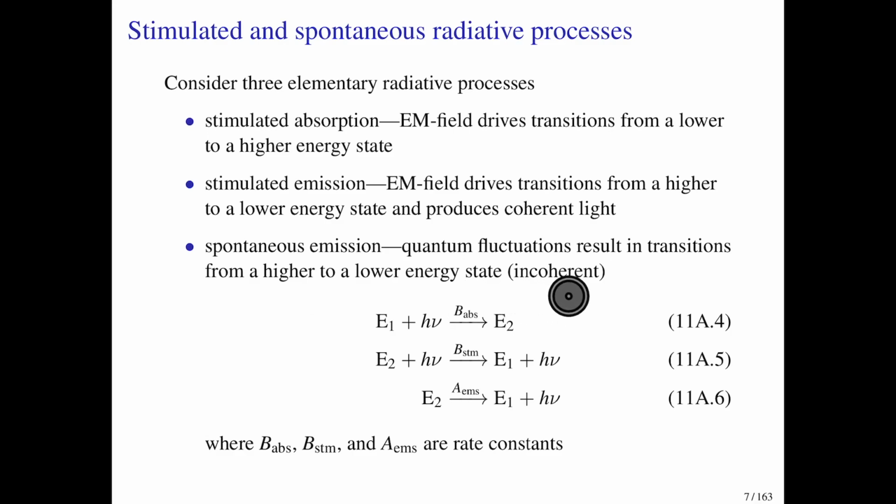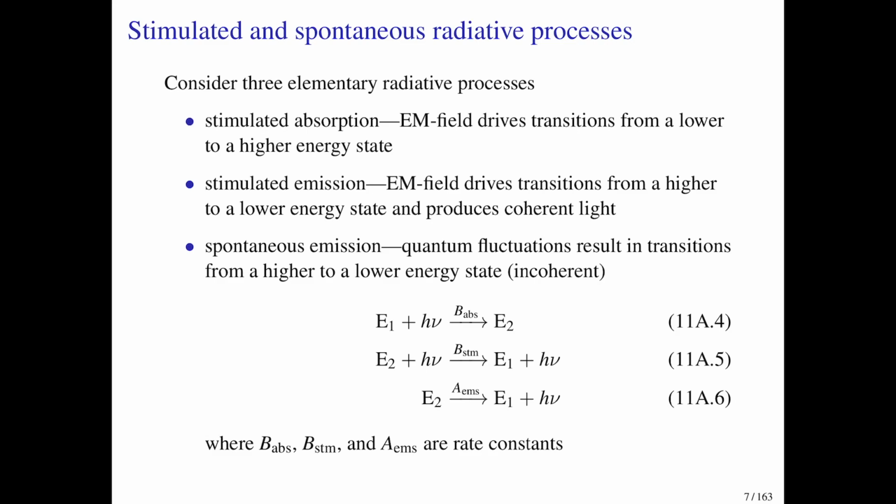Now in this case, the photons that are produced are incoherent. That is, when a sample is emitting photons, the photons that are emitted have different directions of propagation, different phases, and different polarizations. This is what is meant by the classification incoherent light.